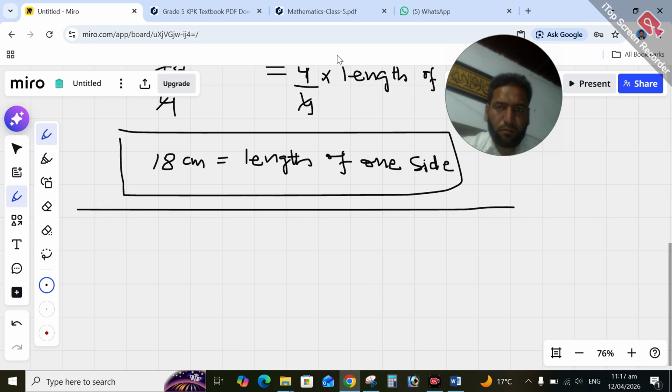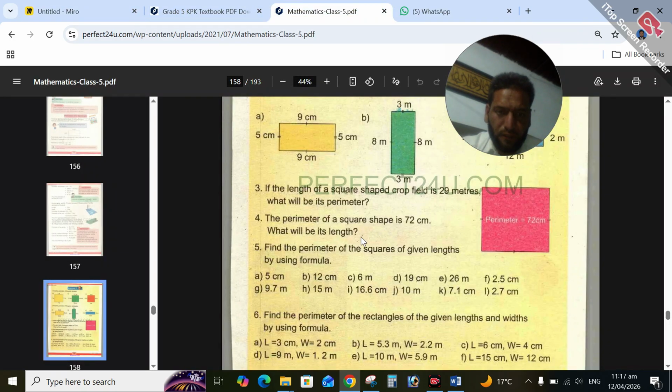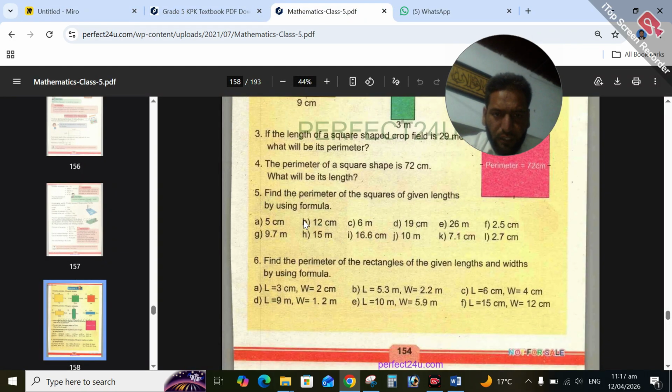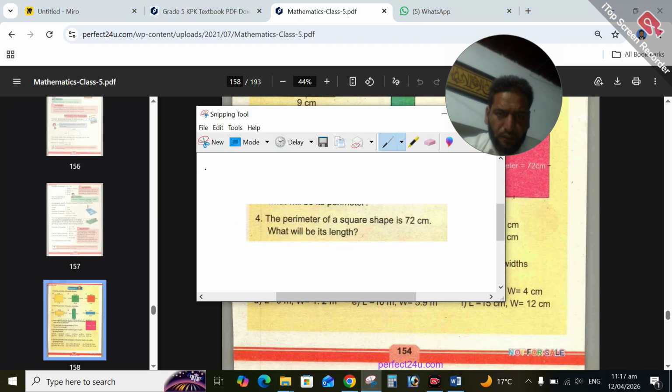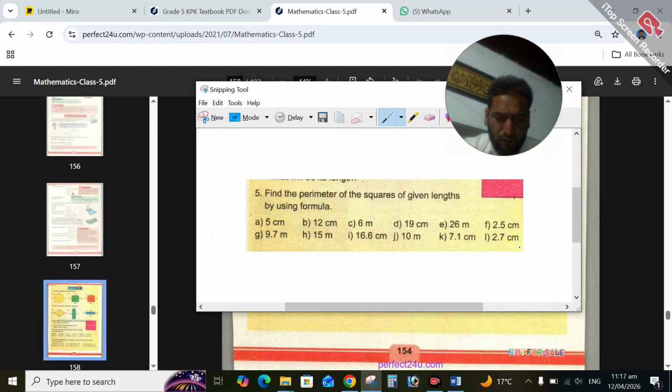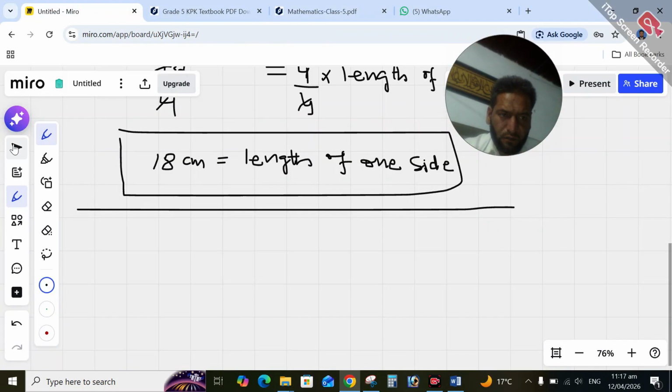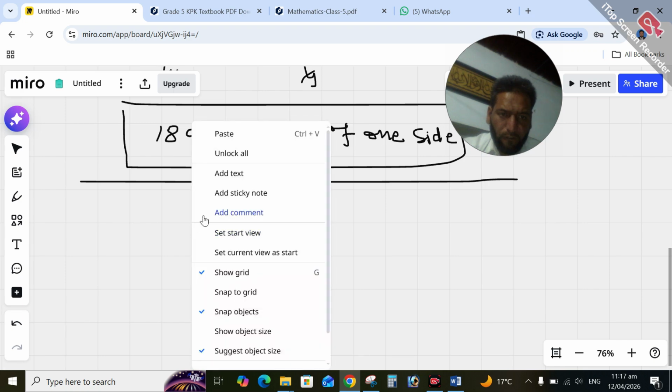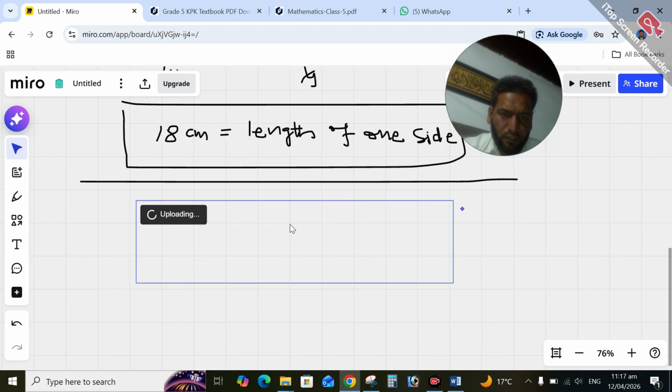Now question number 5. Find the perimeter of the square of given length by using the formula. So these are the questions to be solved by the formula.